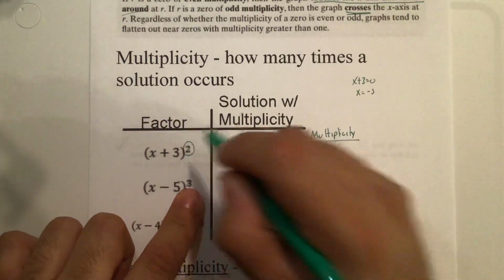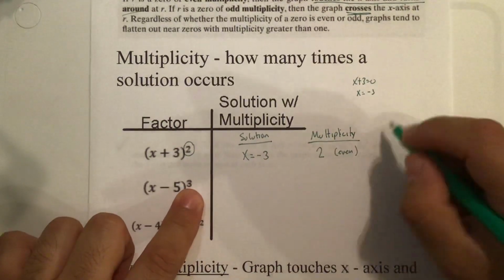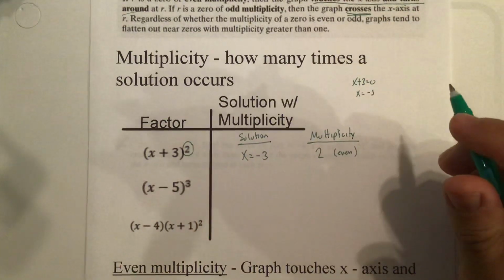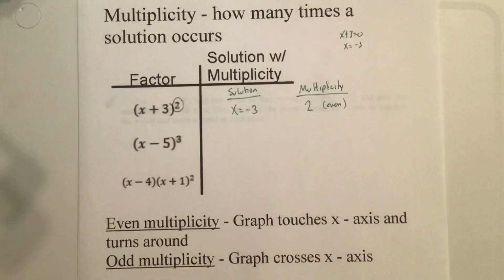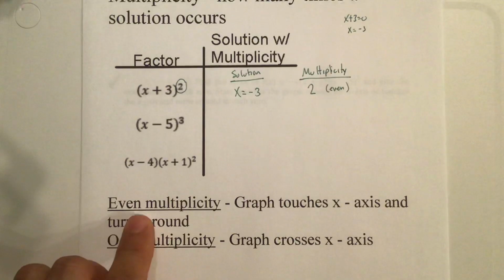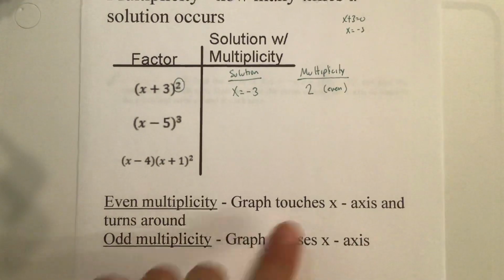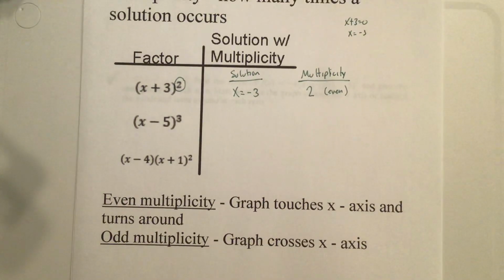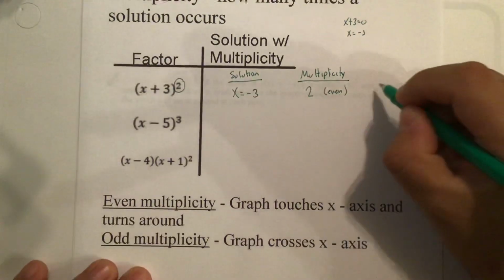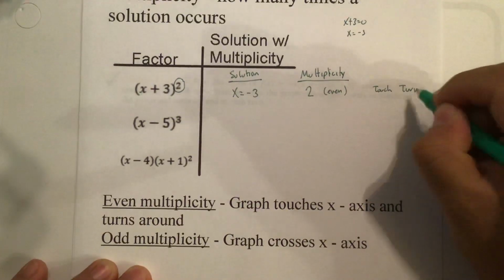So the exponent is 2, and that number is even, okay? And then last, we're going to talk about what happens in terms of the x-intercept. So 2 things happen. If your multiplicity is even, the graph touches the x-axis and turns around, so it touches and turns. For odd multiplicity, the graph crosses the x-axis. So right here, we're going to say this one touches and turns.